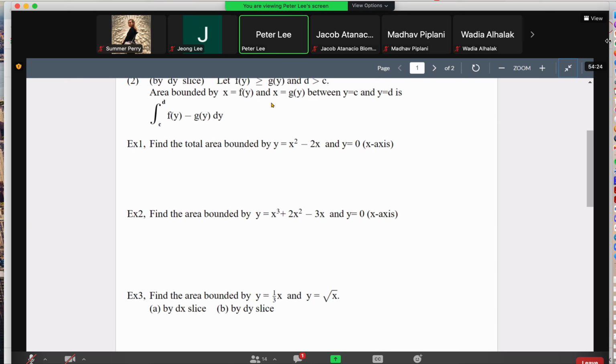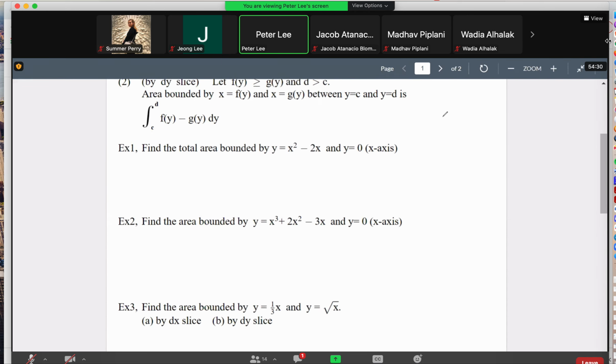If we graph this, what do we have? Let me just use black.